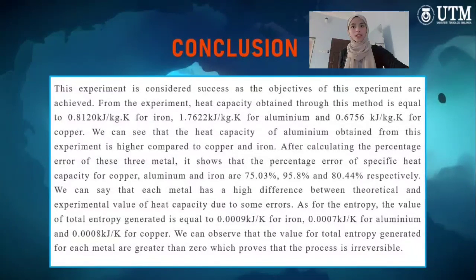After calculating the percentage error of these three metals, it shows that the percentage error of specific heat capacity for copper, aluminum, and iron are 75.03%, 95.8%, and 80.44% respectively. We can say that each metal has a high difference between theoretical and experimental value of heat capacity due to some errors.